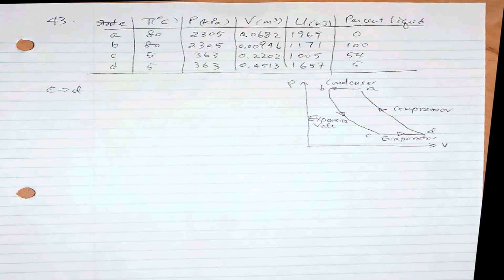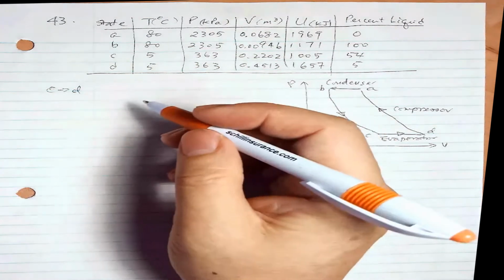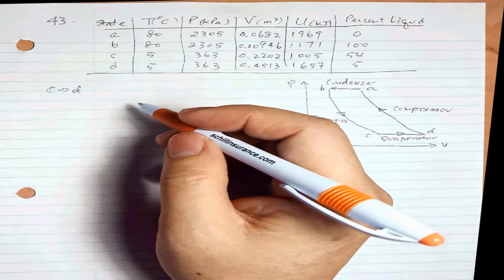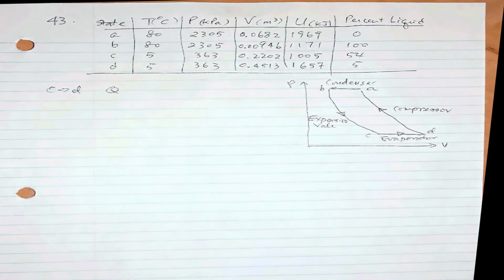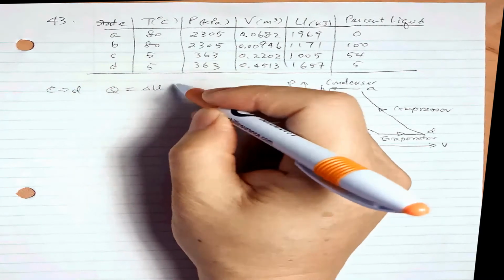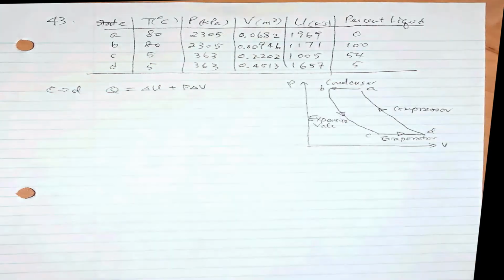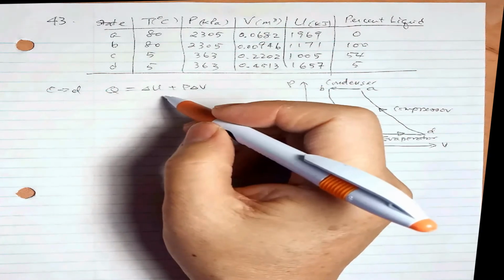it is isobaric. So if it is isobaric, we need to know two things. One is how much heat, which is the amount of change in internal energy plus the amount of work done, and that would be the heat provided. So first, let's figure out the amount of change in internal energy.